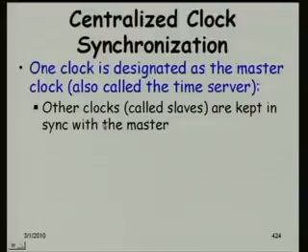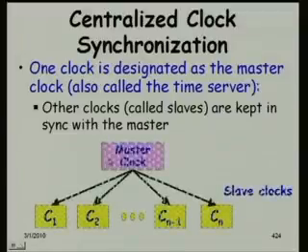Now, first let us look at the centralized clock synchronization, because we will see that this is also not very popular. It is not that it is not used, but not very popular because it has some problems. Here one of the clocks is designated as the master clock, also called the timekeeper or time server, and the other clocks are slave clocks, and they keep in sync with the master.